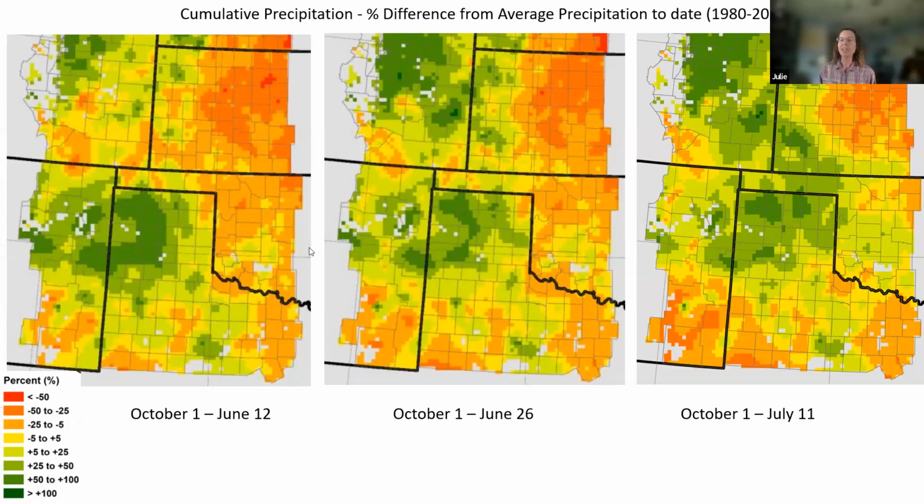But the orange areas in Oklahoma, Colorado, and Kansas, as we go across these 3 maps, we can see that they've retreated since the first part of June, indicating that those areas are picking up more moisture, although they're still significantly 5 to 25% behind the long-term average, as indicated by the orange color.